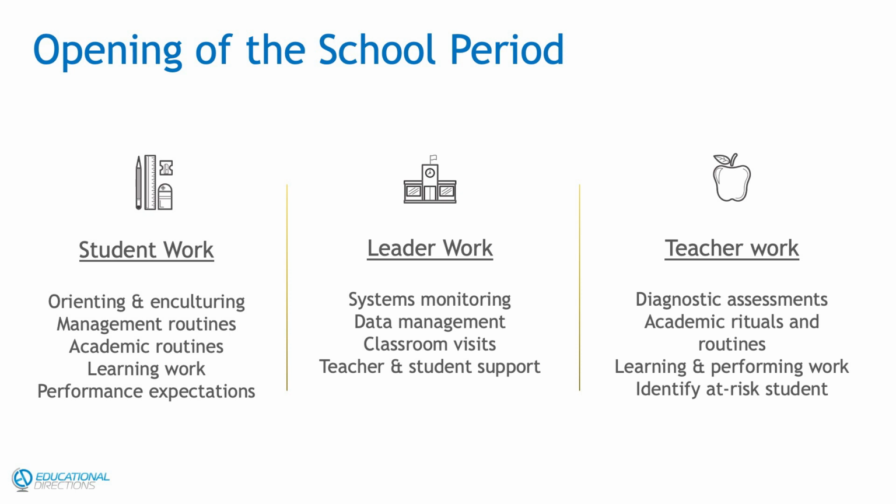We need to make sure that we identify students that may have developed social, emotional, behavioral problems over the pandemic year. So the teacher's work is going to be one of your lifelines of good, solid, real-time data that the leaders are going to need to work with and find out through a force rank priorities what they're going to do first. You can't do everything. So knowing everything that needs to be done and then force ranking those needs is a critical piece to making sure leadership is opening school well.